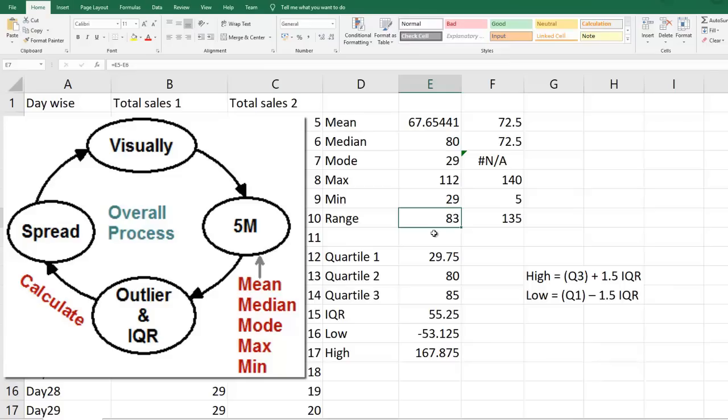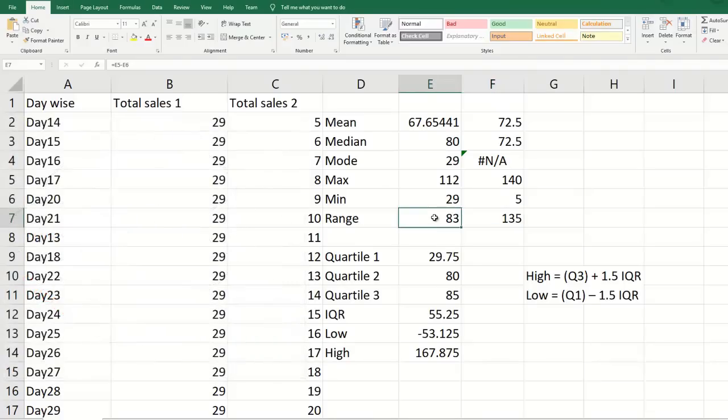Then we ensured there was no outlier: we calculated quartiles, the interquartile range, and the max and min from the IQR, and we eliminated the outlier. Finally, we calculated the range, and by using it we know that data set 2 has higher spread than data set 1.